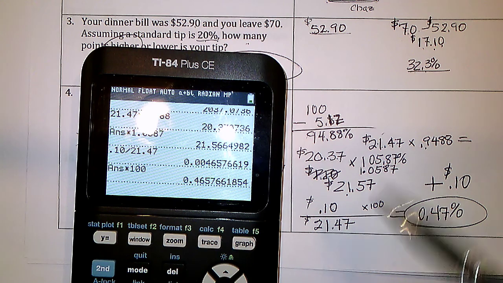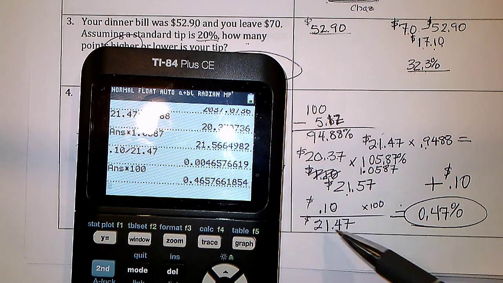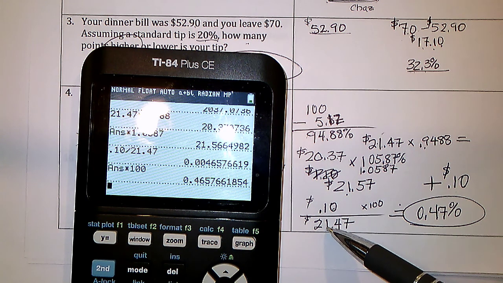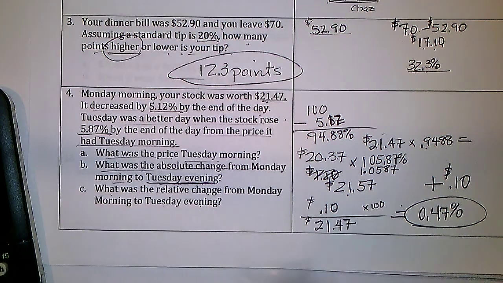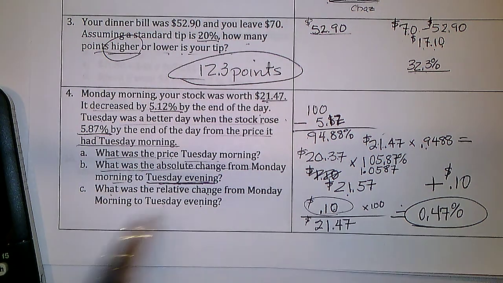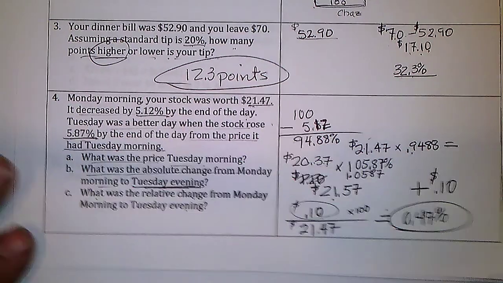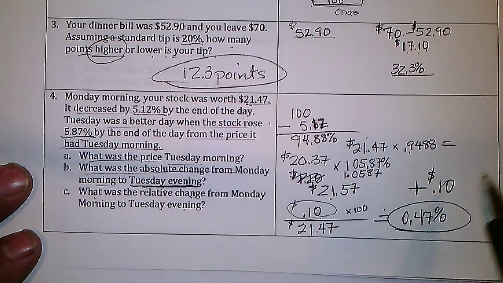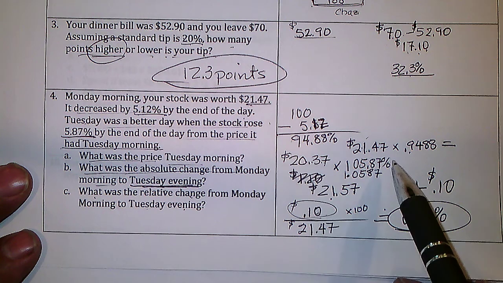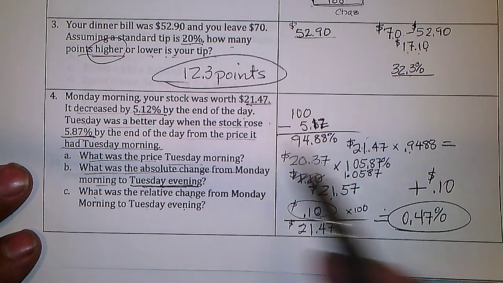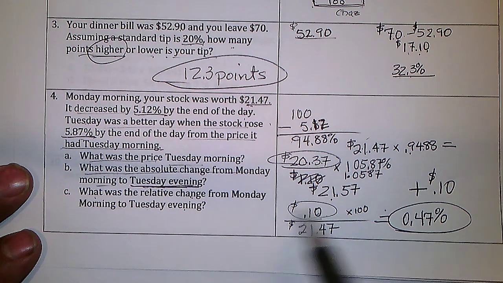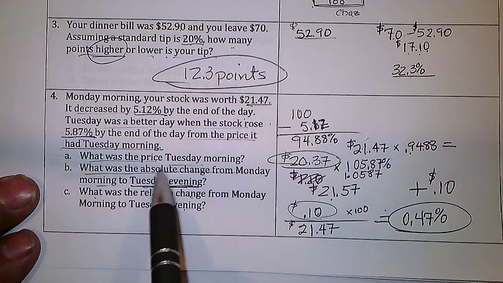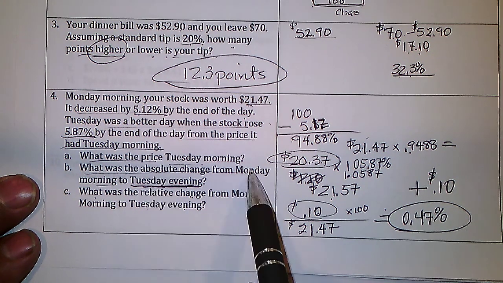So the idea, you do the difference divided by the reference value for the relative change, changing it to percent. And the difference is the absolute change. Okay, so 3 parts to this one. First part was, what was it after the first day? Then how much did it change from Monday to Tuesday evening?